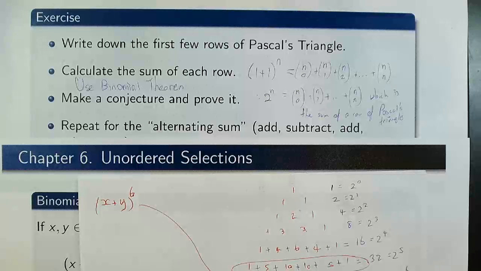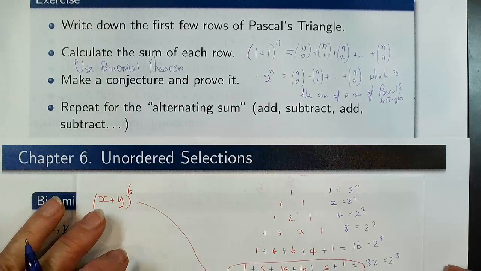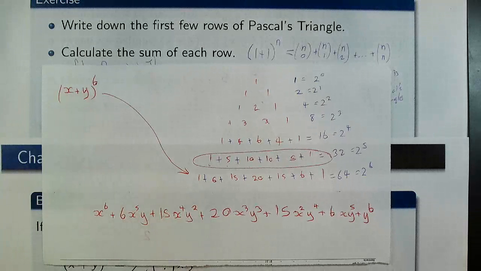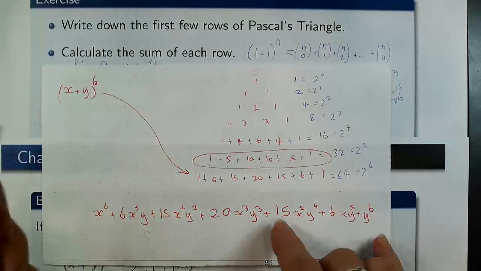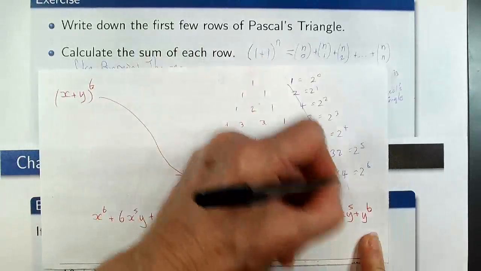What if we took the alternating sum? Add, subtract, add, subtract, add, subtract. All right, where's my black pen? I'll scribble over this. Over this side, all right, I'm going to put that away for now.